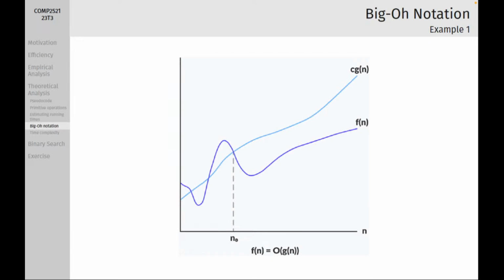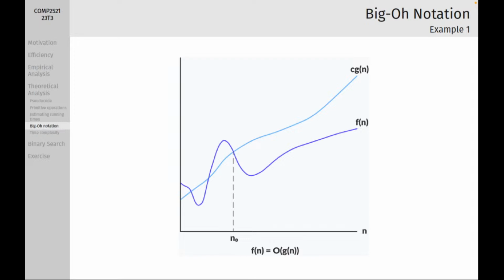Here is an example. f(n) is this function in the dark blue, and this is not g(n), this is c times g(n) in the light blue.